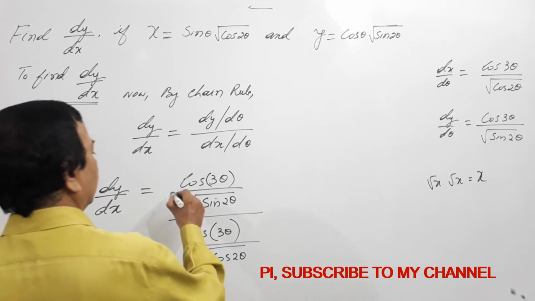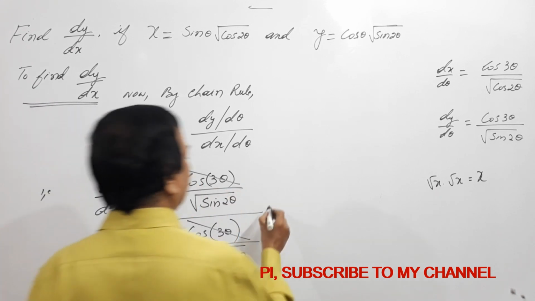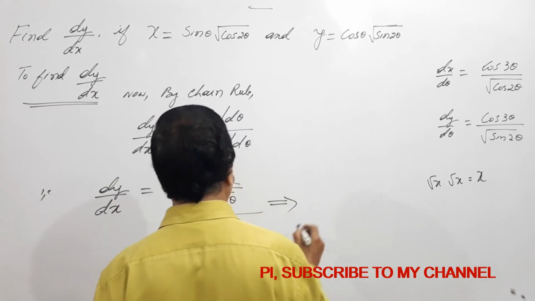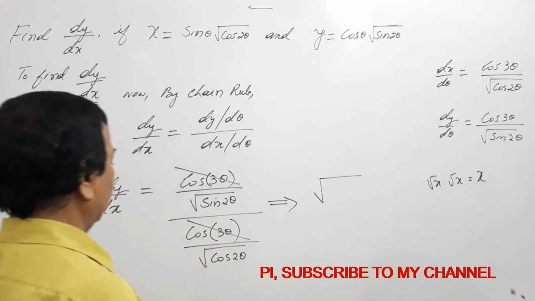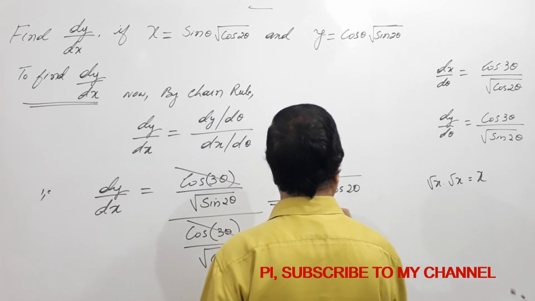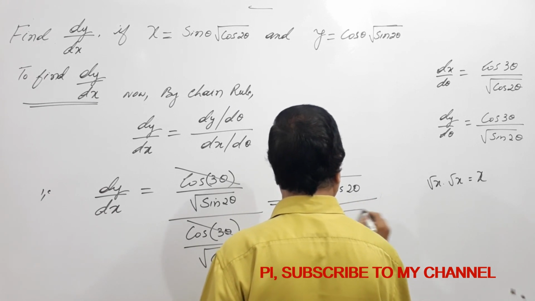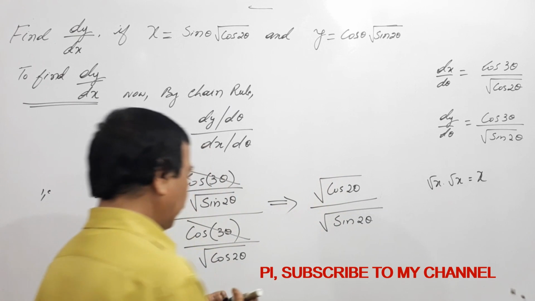So what happens? Cos 3 theta cancels. We are left with what? Cos 2 theta divided by sin 2 theta. How does it go about it?